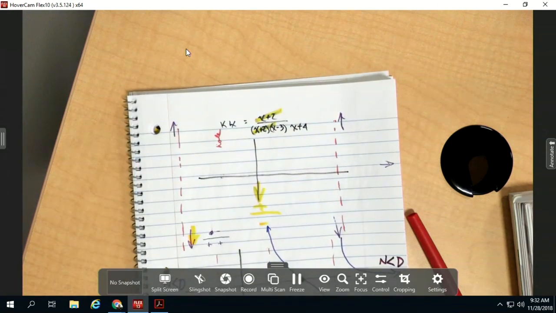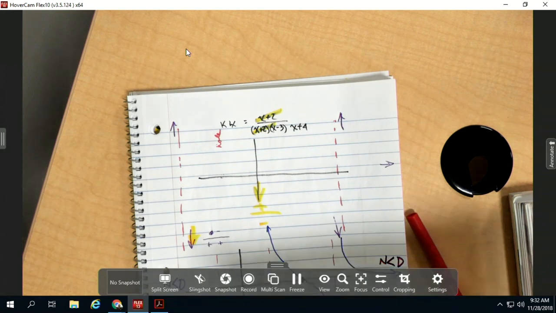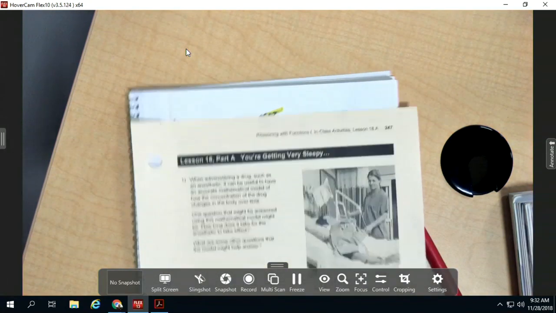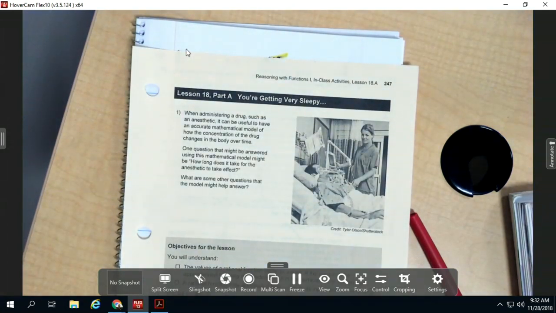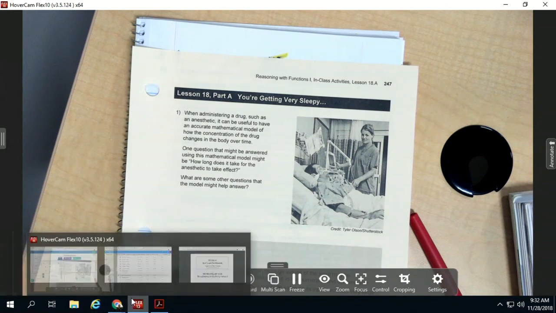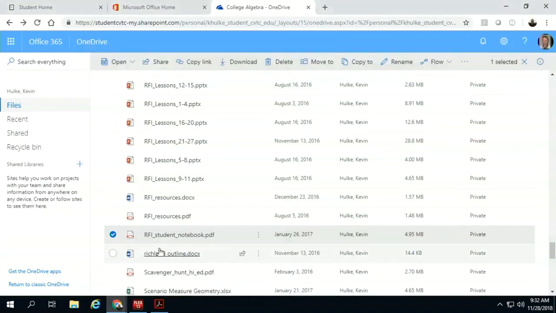Page 247. Oh, you're getting very sleepy when administering a drug such as an anesthetic. So, you know how somebody had asked the other day, I went to the intranet and found it for myself.